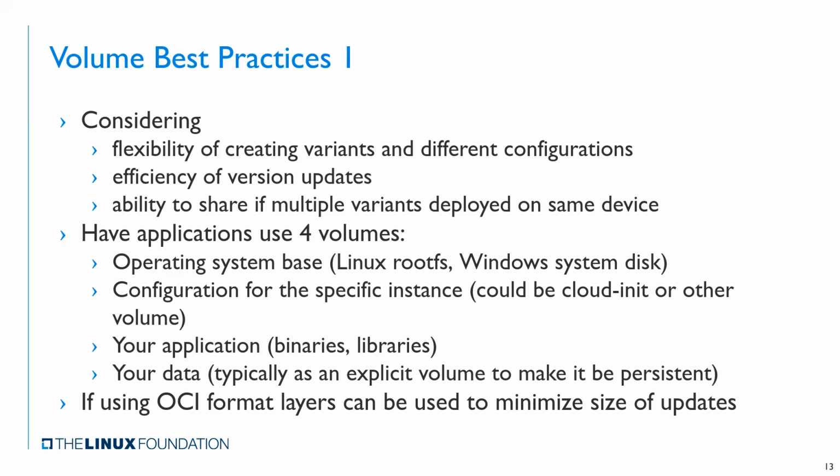So the amount of data that needs to be downloaded to different devices is small. And as I said, if you have 3 VMs running the same Linux distro or the same Windows release, keeping those separate means that you can decide that I'm going to update this one to run the new version, and it gets downloaded.